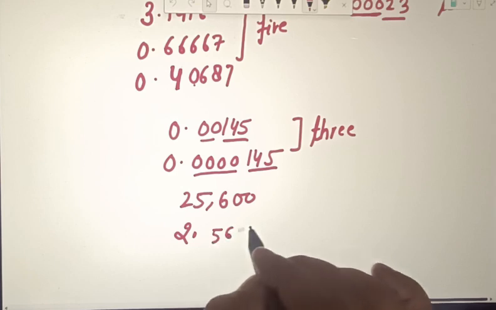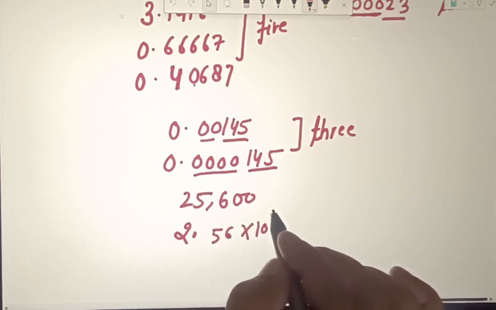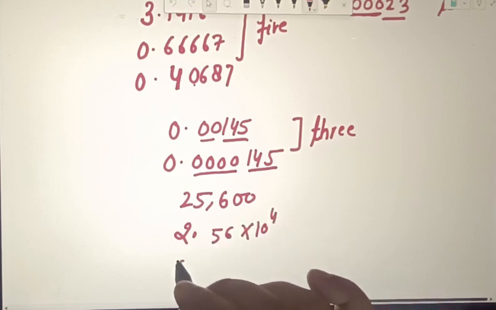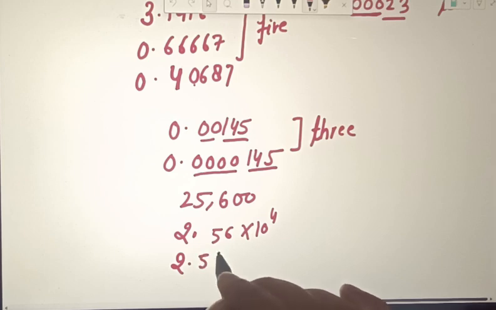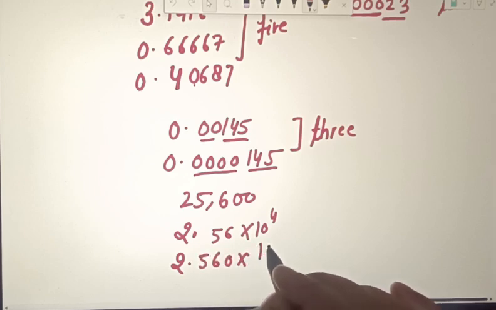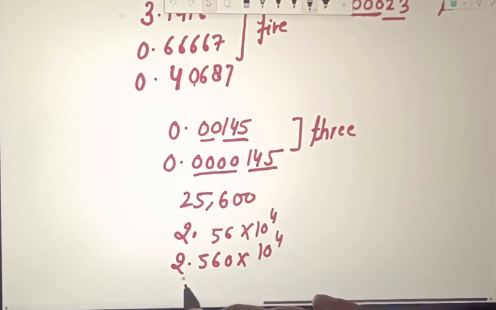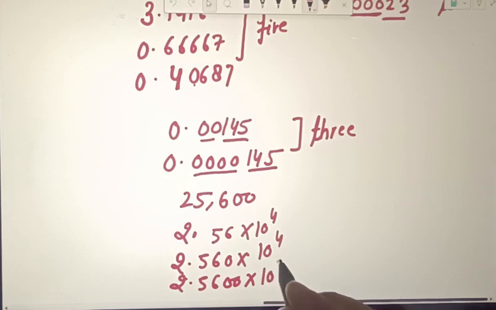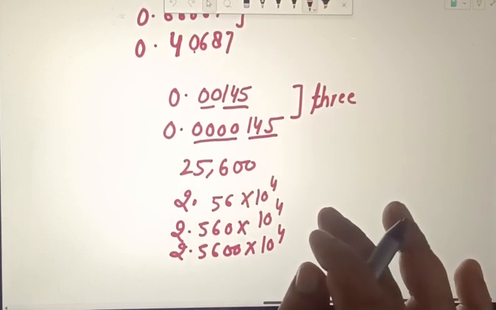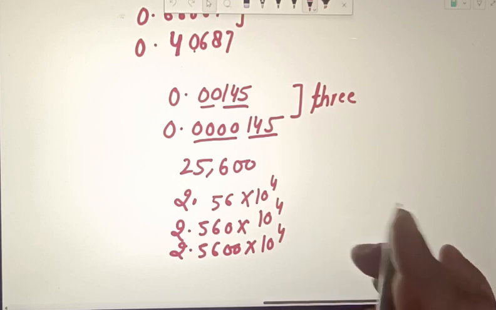2.56 into 10 to the power 4, or 2.560 into 10 to the power 4, and 2.5600 into 10 to the power 4, okay, have 3, 4 and 5 significant digits.